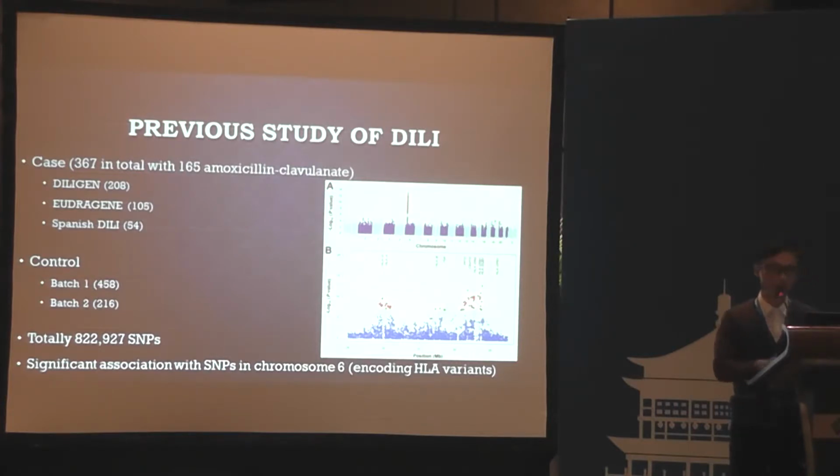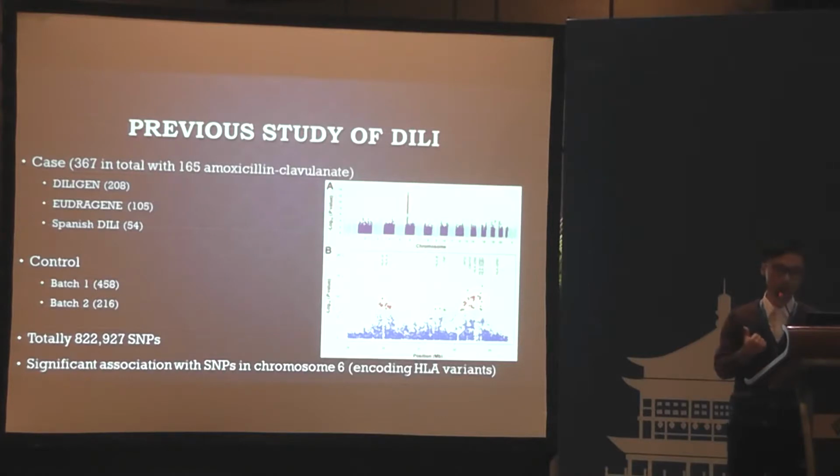From the figures shown on the right-hand side, in subfigure A, we can see that the dots in red and green colors are located in chromosome 6, and they have higher correlations.